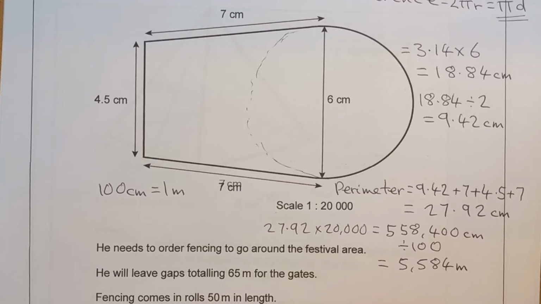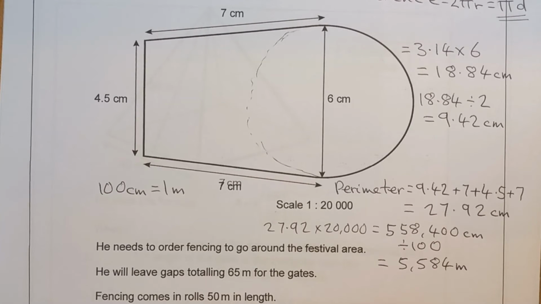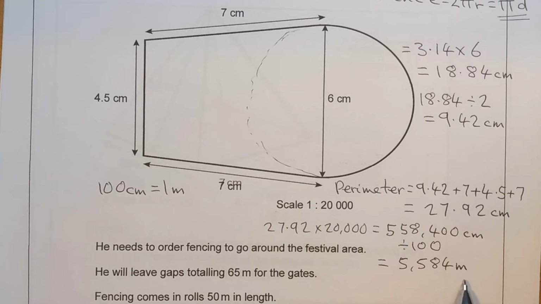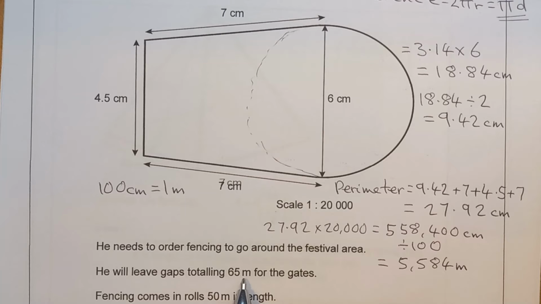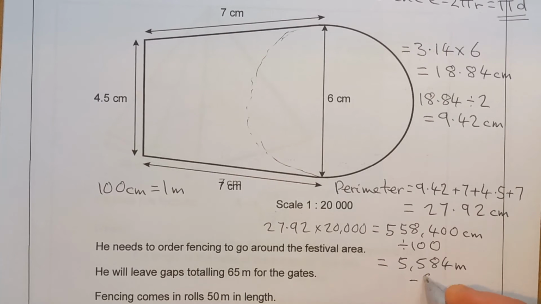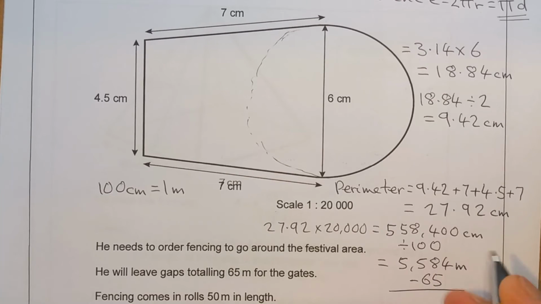Okay. Now, this is our metres, but we know that we've got to have some gaps here. So we can take away the 65 from here, because we don't need fencing where we've got the gaps.